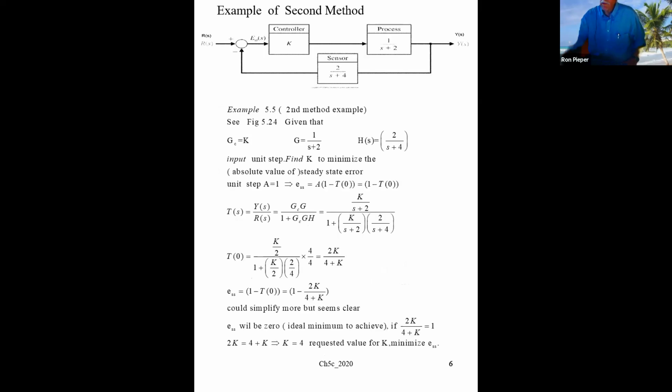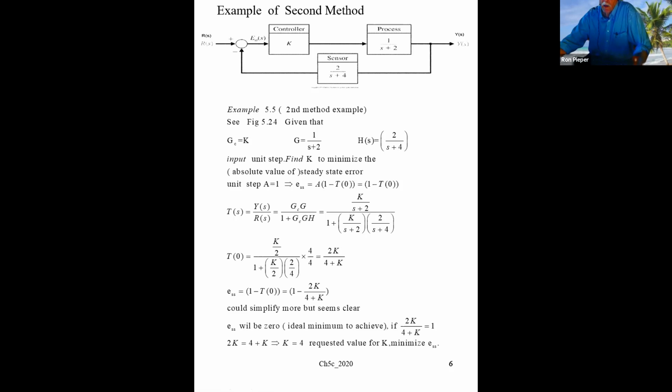All right. So here is the example for the second method. It is based on the diagram at the top, where we see that yes, it's non-unity feedback, and the so-called controller block, the so-called plant, or what he calls process, and then here's the transfer function for the feedback path.